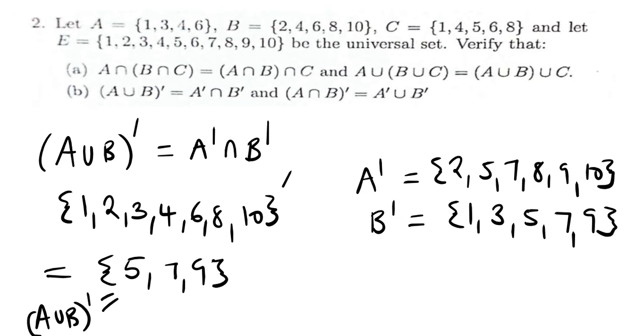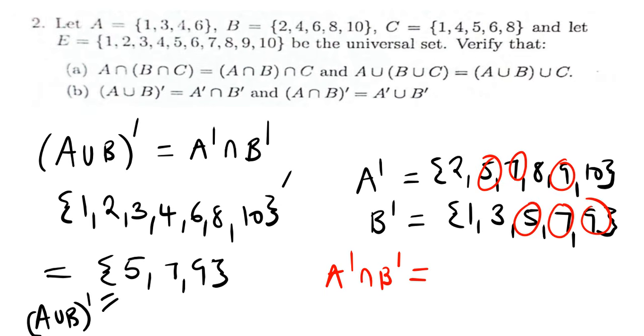So A complement intersection B complement: we've got a 5 in A complement, we've got a 5 also in B complement, a 7 and a 7, a 9 and a 9. So we're going to have 5, 7, and 9. That is the intersection between the two sets.